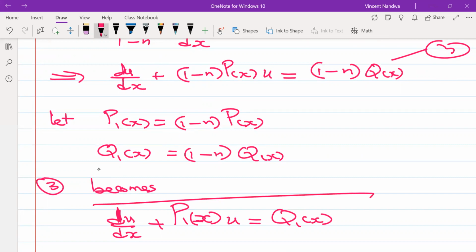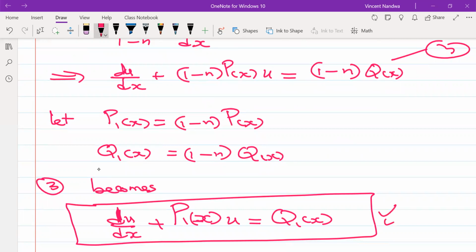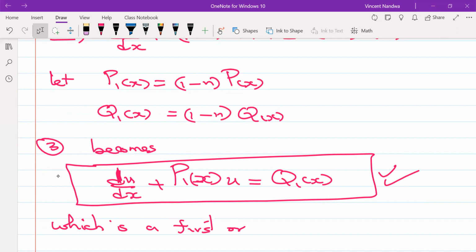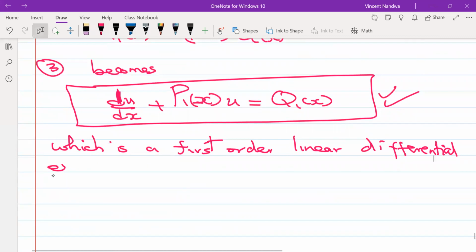And you see this is the general structure of a first order linear differential equation. So this is a standard equation which can be solved by the method of integrating factor.